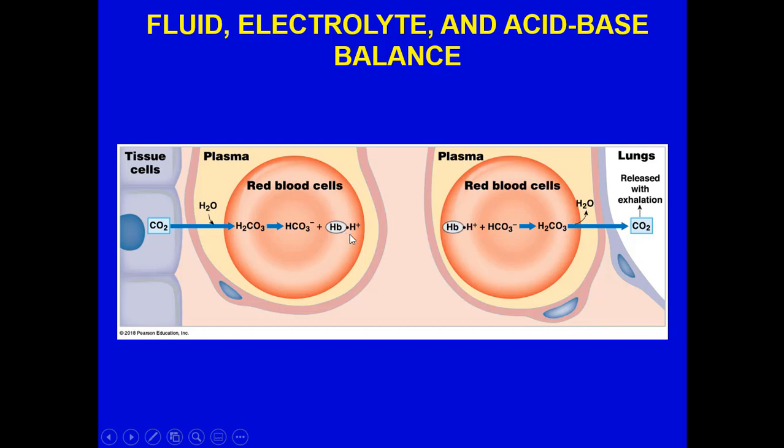Great. Once we get to the lungs, we're going to basically recombine the hydrogen ion and the bicarbonate ion to form carbonic acid, which will freely pass out of the red blood cell. You will have water, and you will have CO2, which will pass across the respiratory membrane, and it will be released with exhalation.